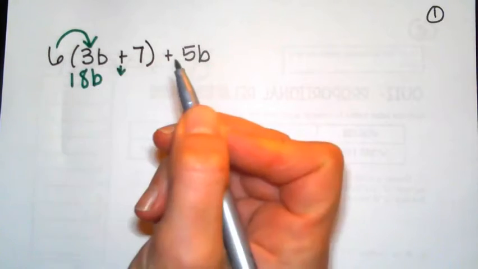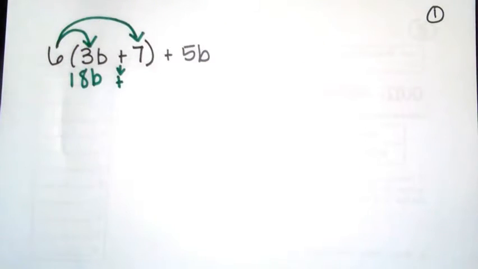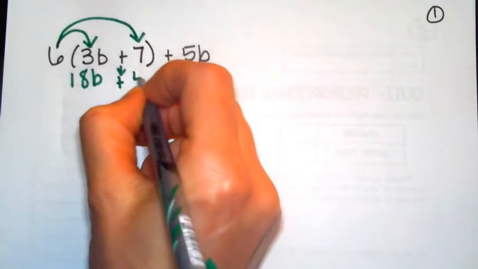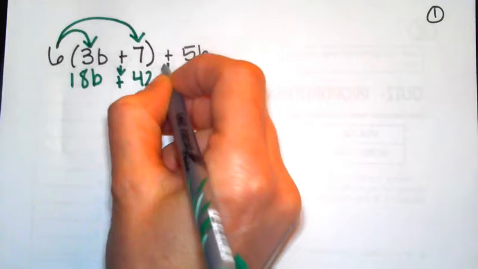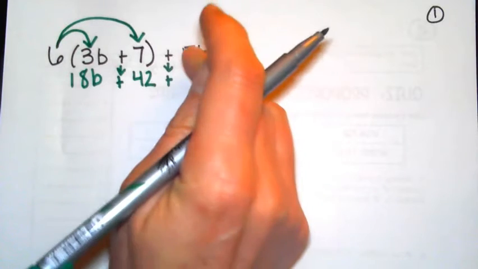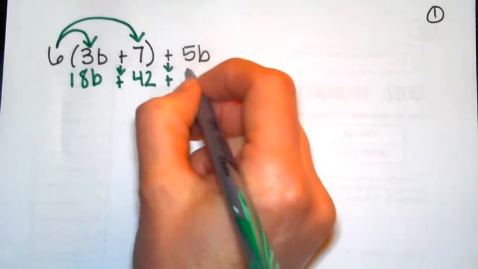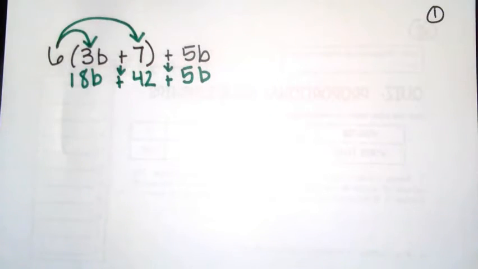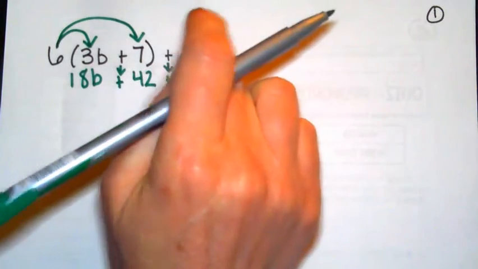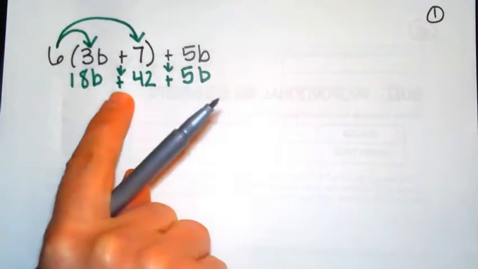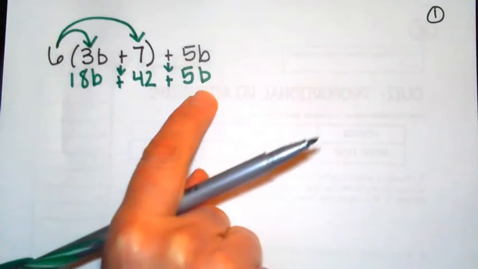Just like we did before, drop down the plus. And then 6 is going to come and say hi, multiply with 7, that's 42. Drop down the plus. And then we haven't done anything with this 5b. It's just still waiting to add with everybody else. Just drop it down. Now we have 18b plus 42 plus 5b.